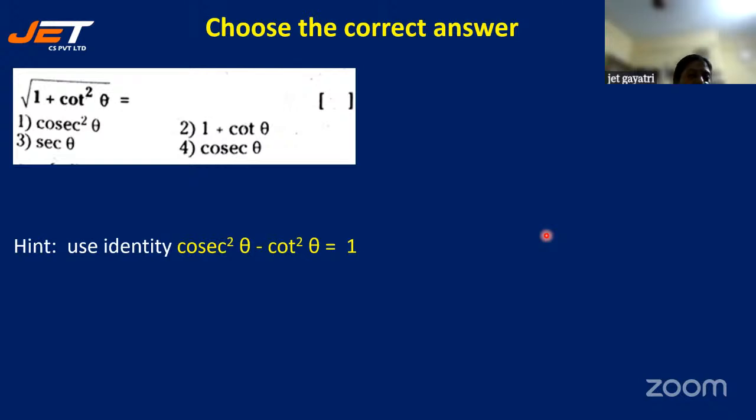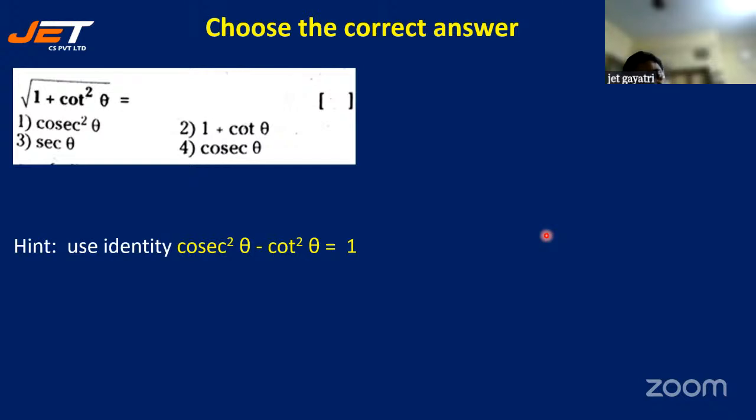What identity? They have given you the clue here, but usually in the exams you cannot expect clues. One identity is cosecant square theta minus cot square theta is equal to 1, right? So here you write 1 as cosecant square theta minus cot square theta.